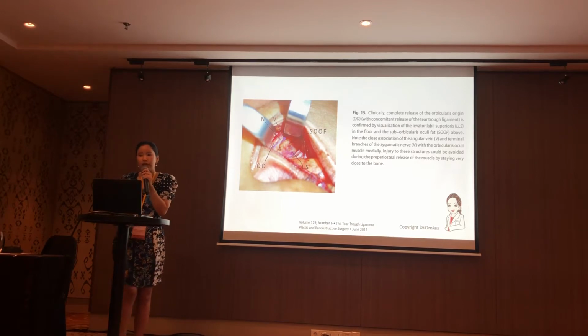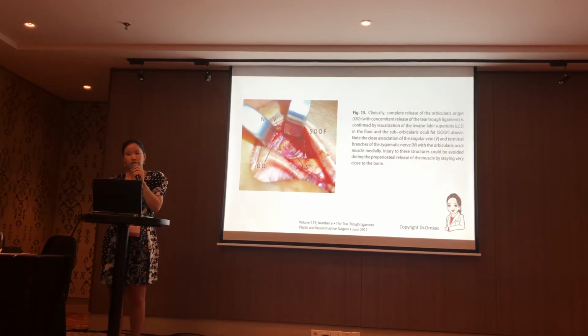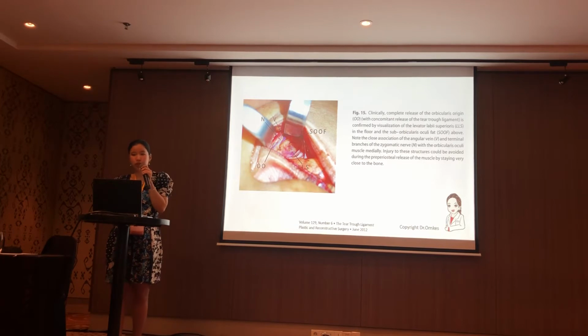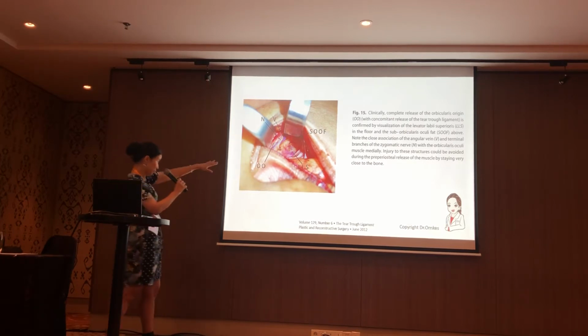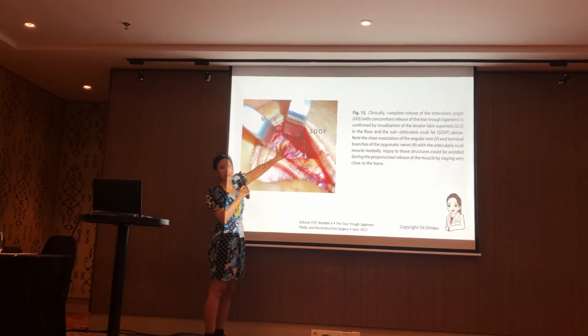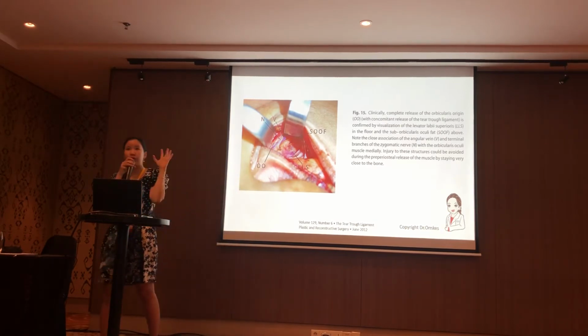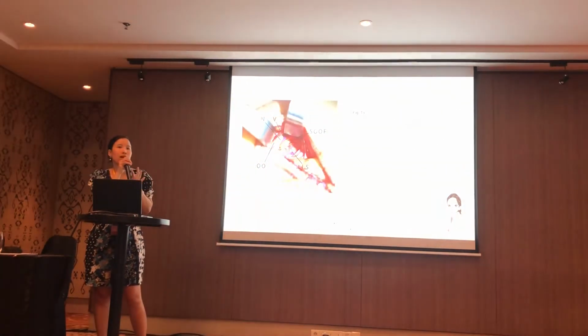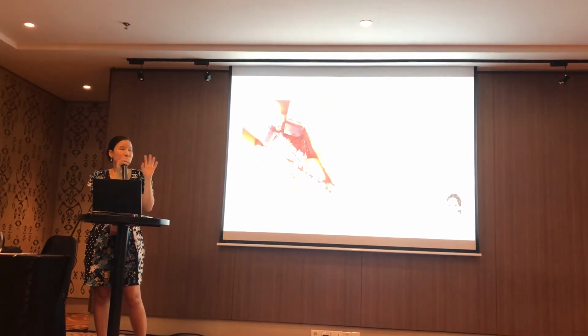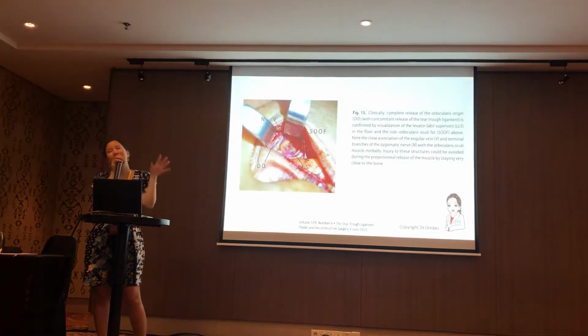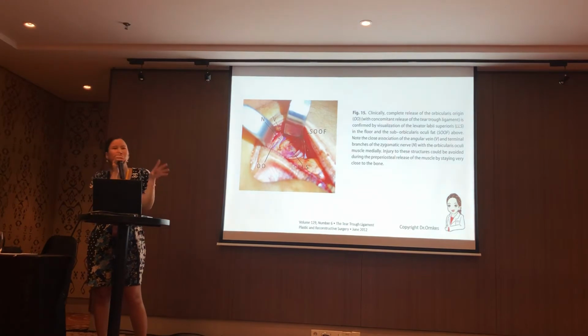Okay, you can see the floor with the LLS muscle, levator labii superioris muscle, and you can see the SOOF. What is the SOOF? Look here. SOOF. Yes, SOOF is a very important anatomy. Very important. If you can remember only one anatomy, just remember SOOF.